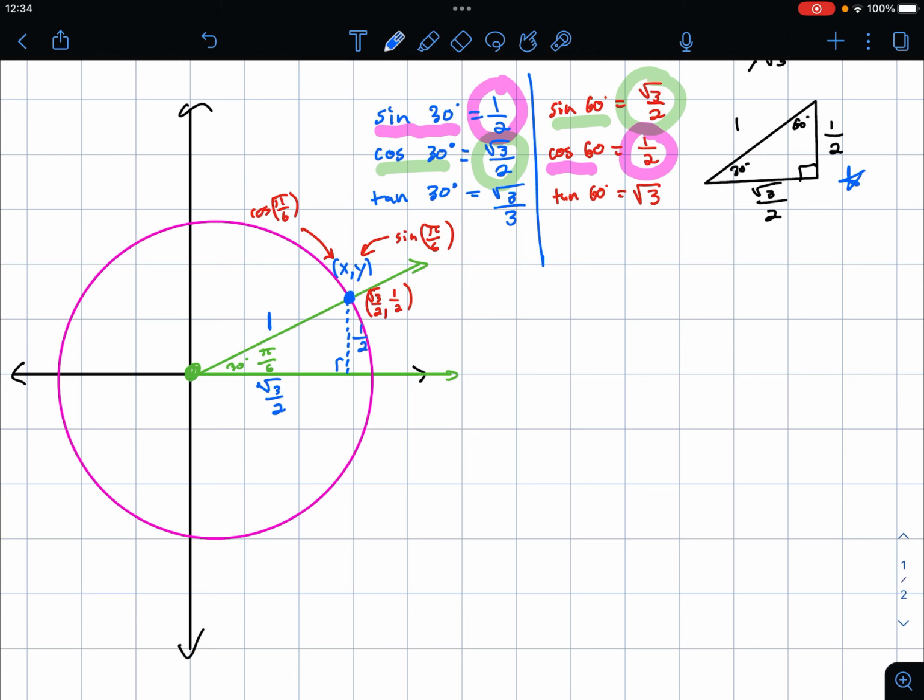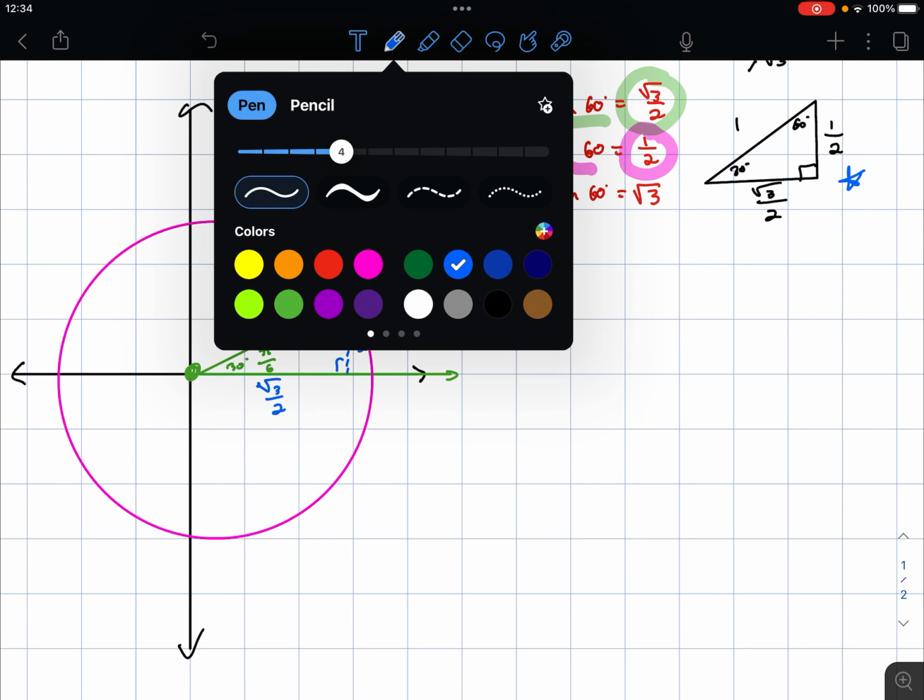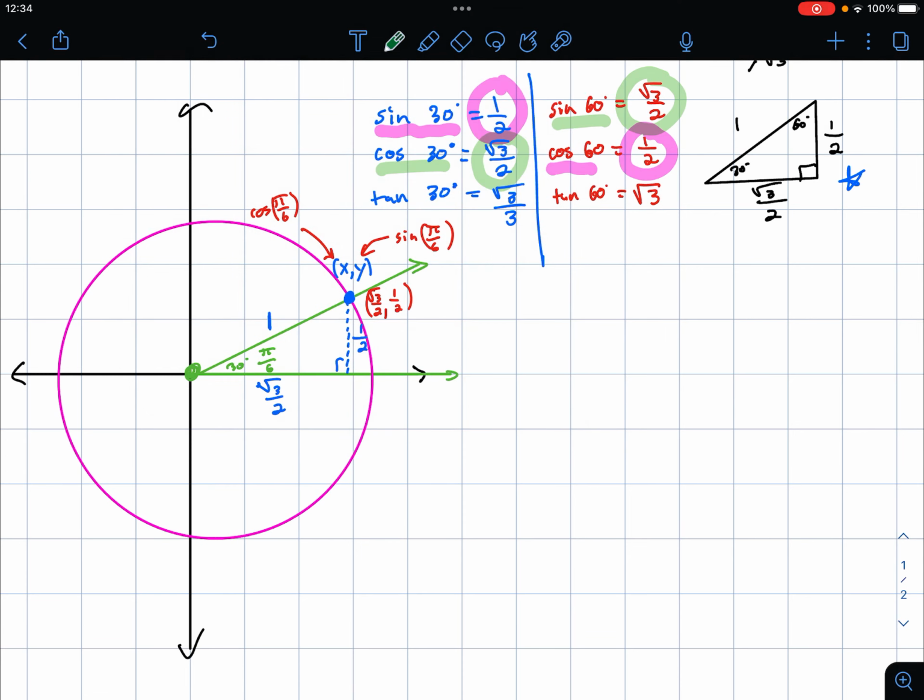When we fill in the rest of the crew, so let me add in here, we'll do a slightly darker green. If I put in my new angle, 5 pi over 6 radians, and I want to know the x comma y, well, the x is going to be cosine of 5 pi over 6, and the y is going to be sine of 5 pi over 6.